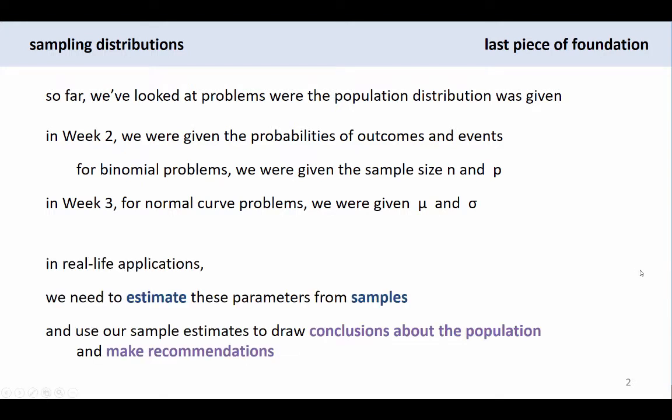Now, of course, in real-life applications, we need to estimate these parameters from samples, and we need to use our sample estimates to draw conclusions about the population and make recommendations. But the foundation for all of this, in theory, are sampling distributions.